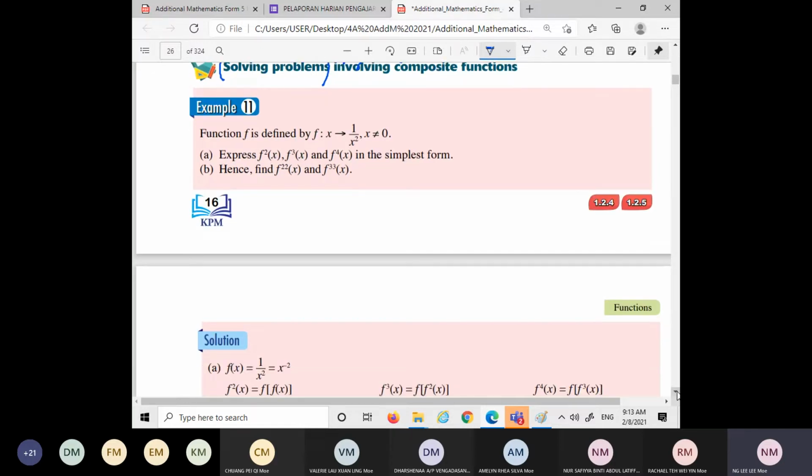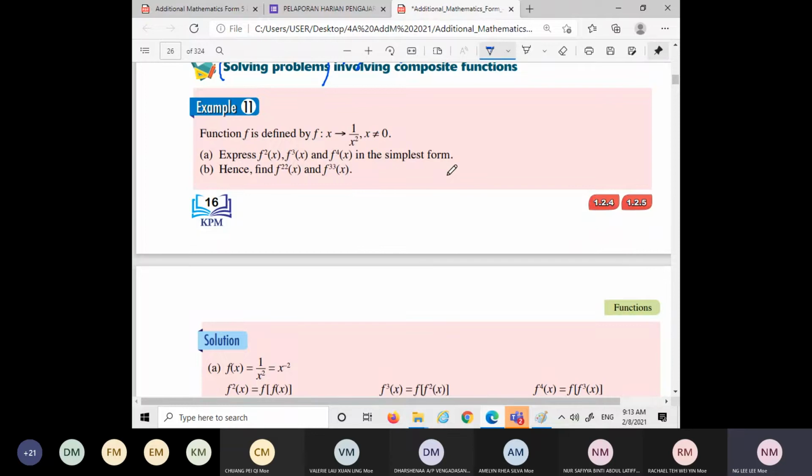You need to analyze this after you do part A, then from here you can analyze what f to the power 22 and f to the power 33 are.